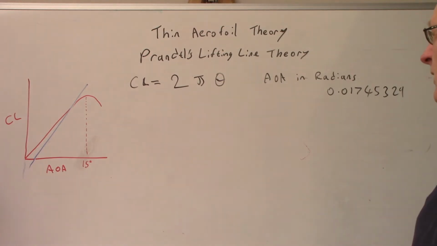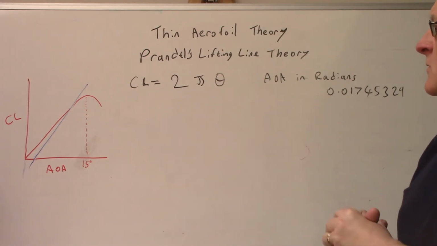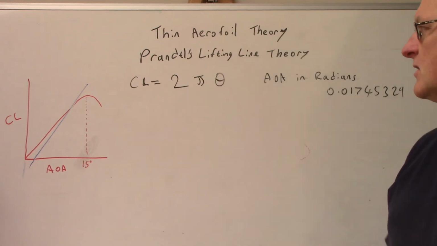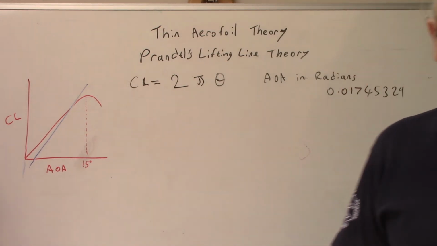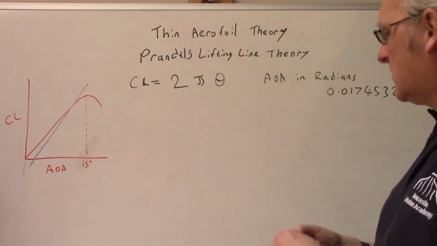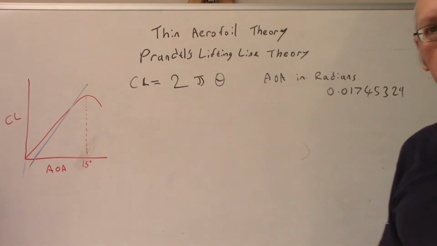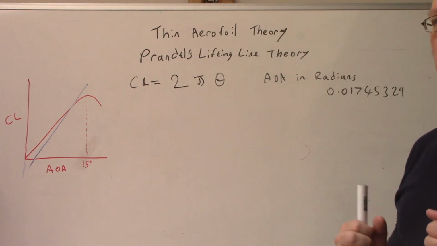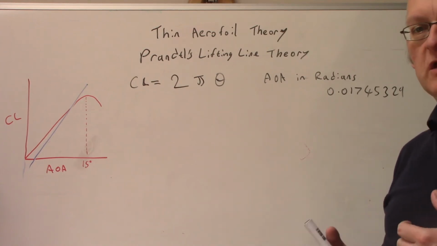Now, how do we modify that formula? There was a dude called Prandtl who came along, and what Prandtl said was that this theory is for a finite wing, a wing with no end. And we know that wings have ends. I've just got my little model Spitfire here.